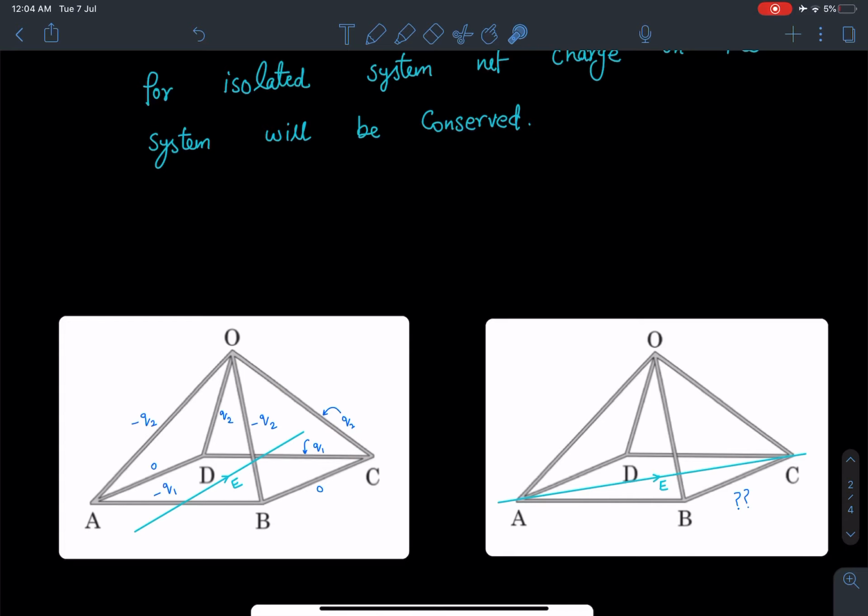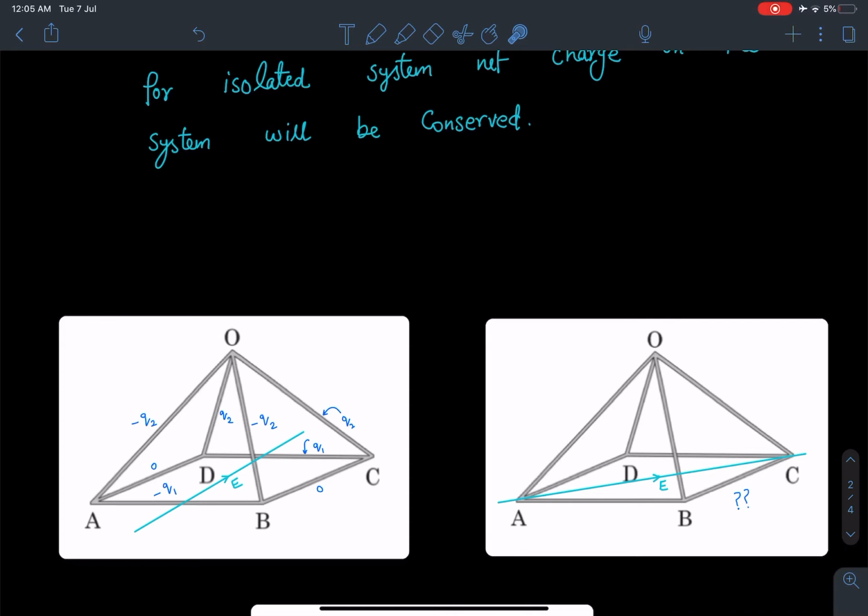This is given to you in the problem. Now we need to think, we will be using symmetry of this problem. Yes, symmetry is very important and a very powerful tool in order to solve physics problems. So we'll try to utilize it here, or you can say we will be exploiting it here.